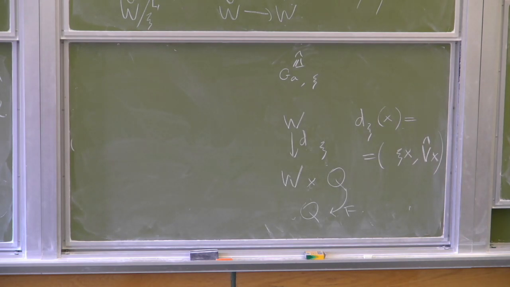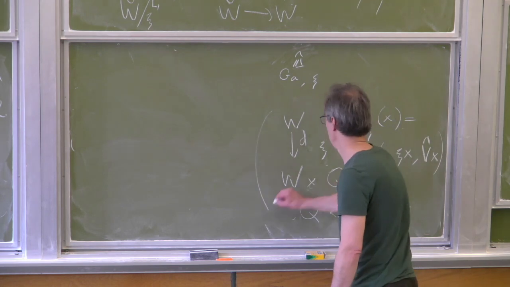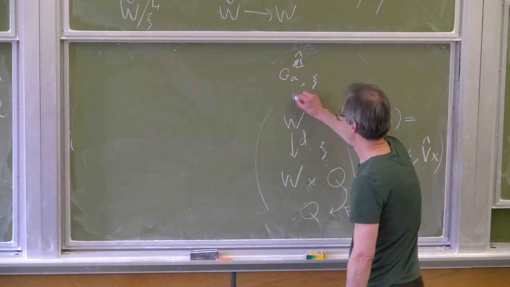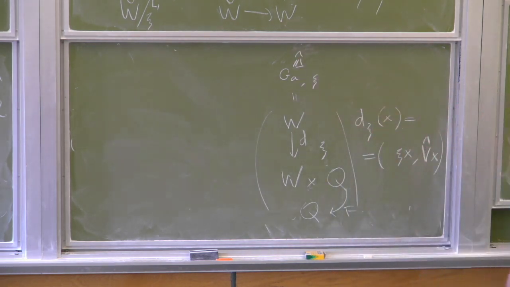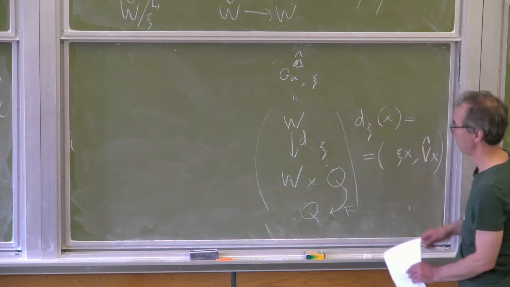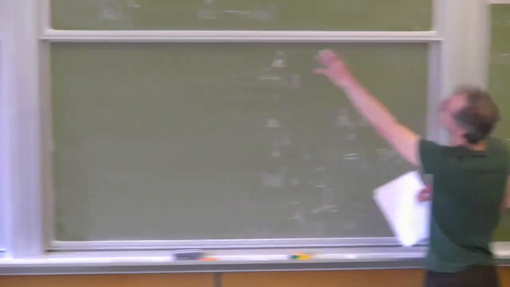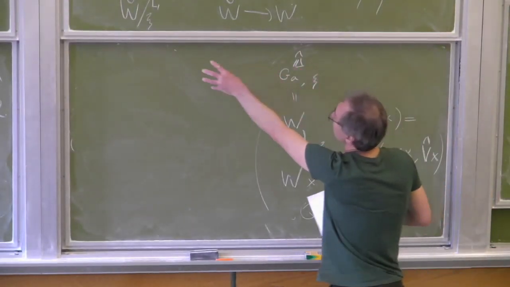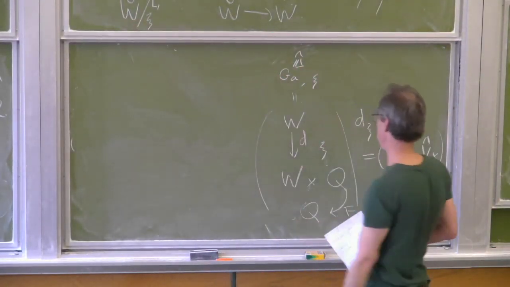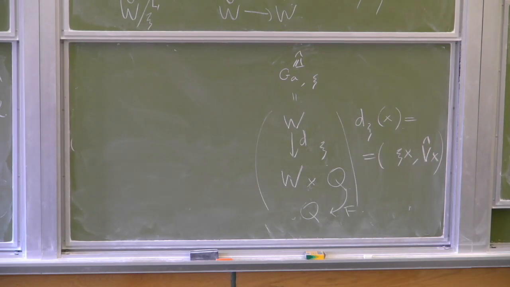So I claim that G_a sheared prismatization C can be alternatively described as the cone of this map. And there is a map of quasi-ideal pairs, in fact, from the original presentation to this presentation, which is a nice place. And that's what I want to use.